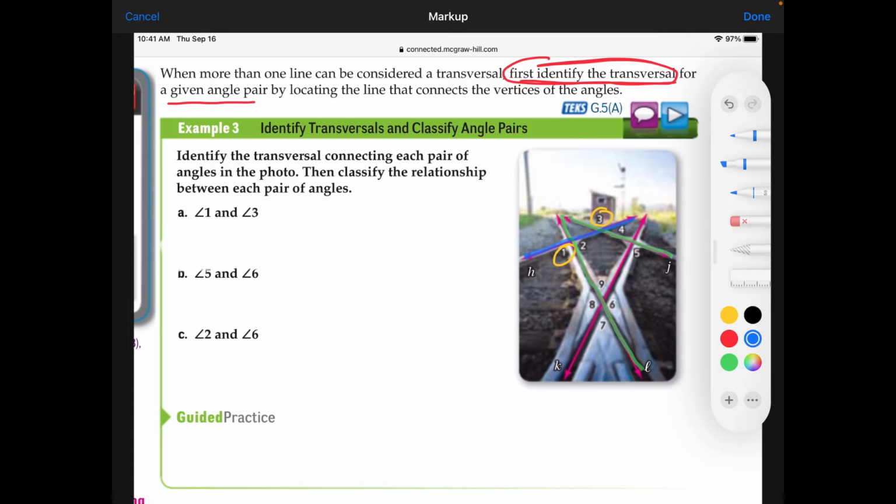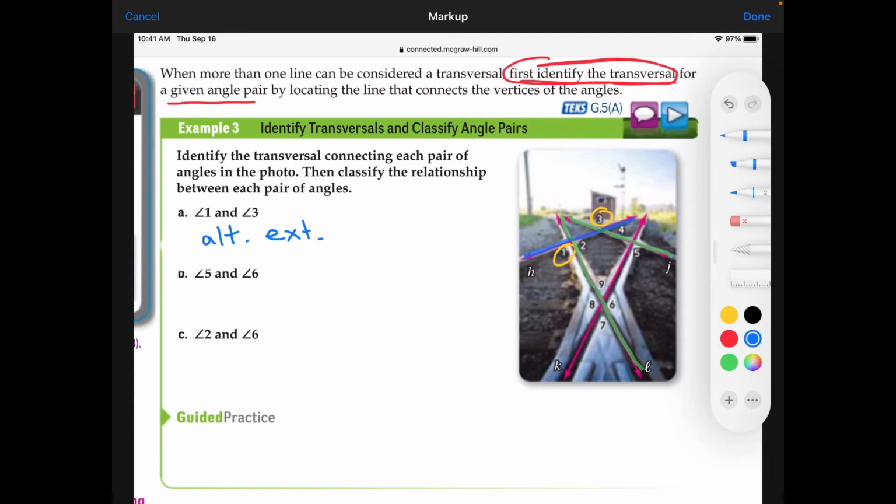So the blue one is a transversal, the green ones are the other lines. So we can see that 1 and 3 are on the outer part, so we know it's going to be an exterior of some sort. 1 and 3 are exterior, and they are crossing the blue line, the transversal, so that would be alternate exterior angles, okay?